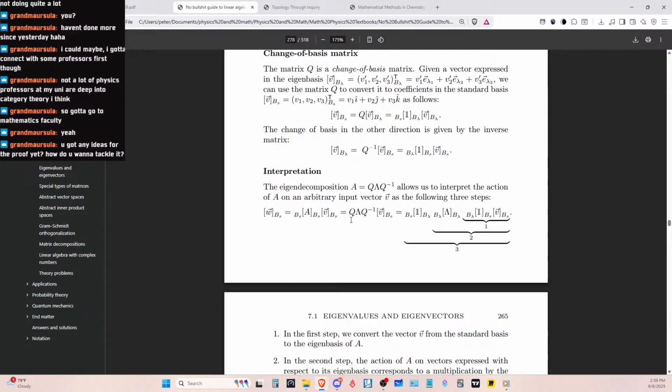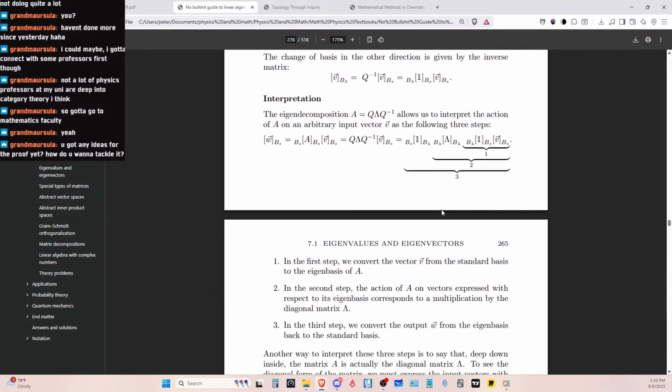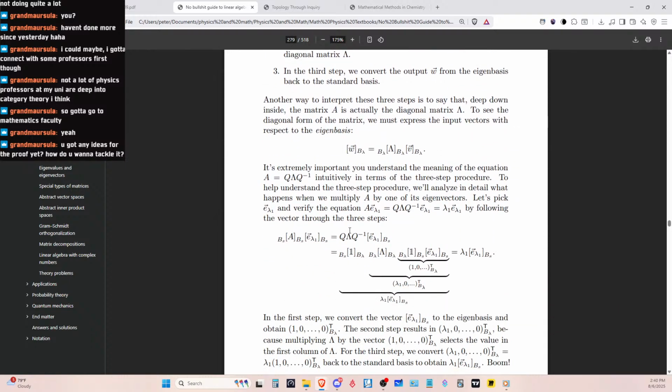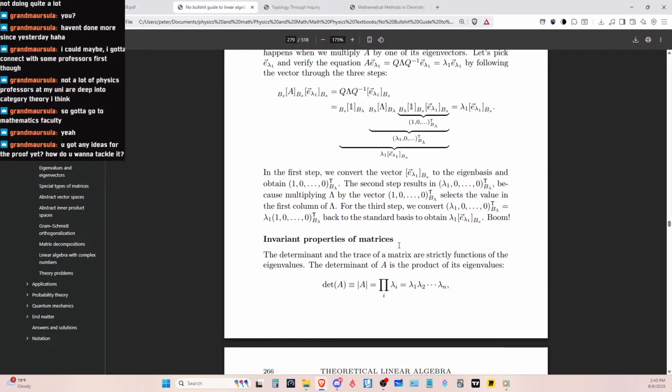Oh, this is like the basis. Actually, I have to work on that too. The first step, we can convert vector basis of... Okay. Let's see.